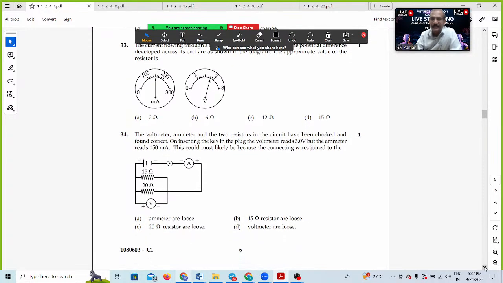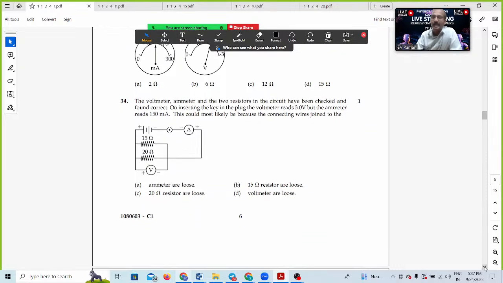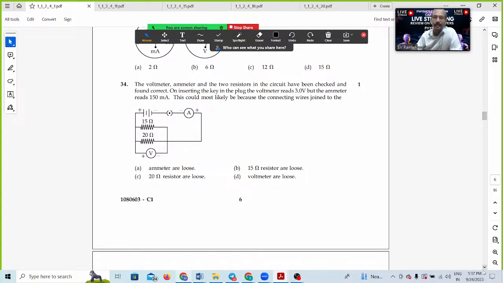The voltmeter, ammeter and the two resistors in a circuit have been checked and found correct. On inserting the key in the plug, the voltmeter reads 3 volt, but the ammeter reads 150 milliamperes. This could most likely be because the connecting wires are loose. Now there are resistances 50 ohms, 15 ohms and 20 ohms.